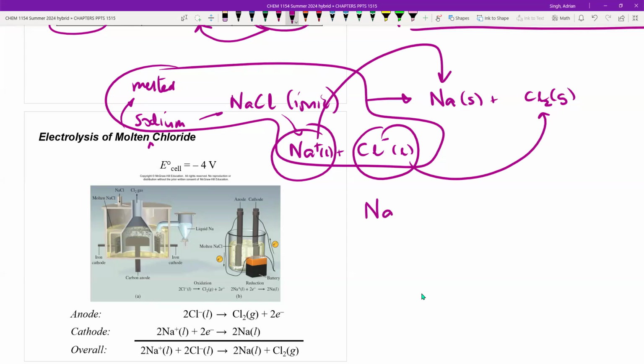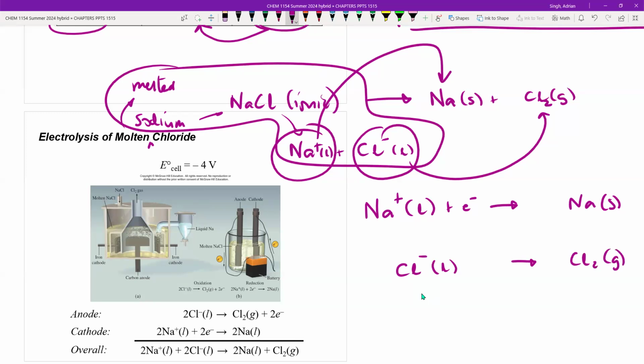Na+ becoming a solid, you see a decrease in the oxidation number, so that would be a reduction. That means the sodium has to gain electrons to become Na in the elemental form. Conversely, the chloride ion in molten sodium chloride liquid can become Cl2, chlorine, which is a gas.